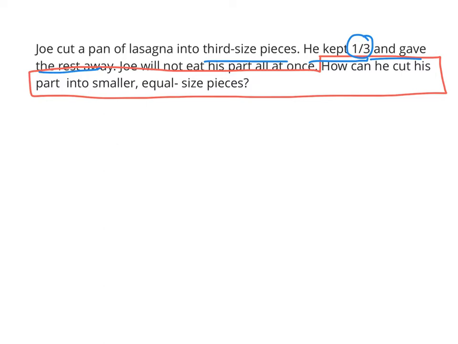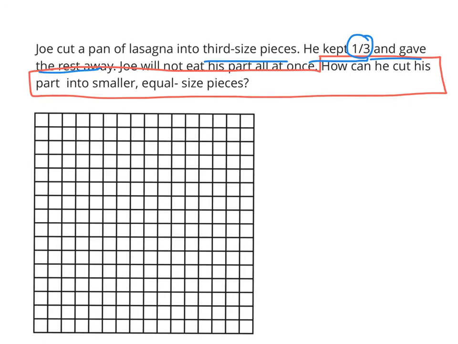So go ahead and open up to page 327 if you haven't done so already. Pause this video until you're ready. So first of all, we can just simply draw a rectangle to represent Joe's lasagna.